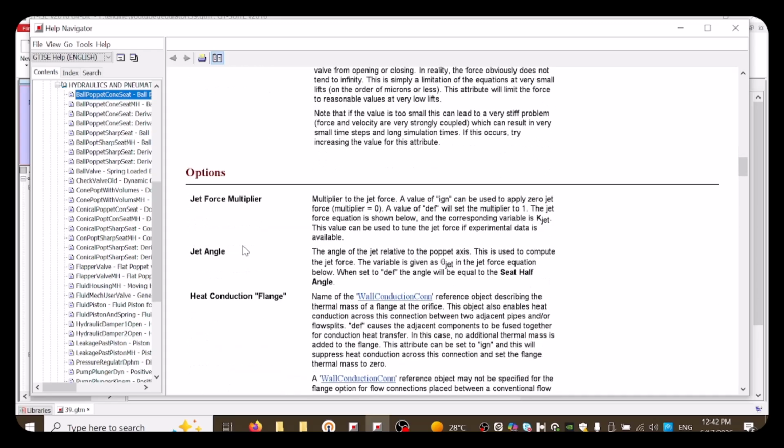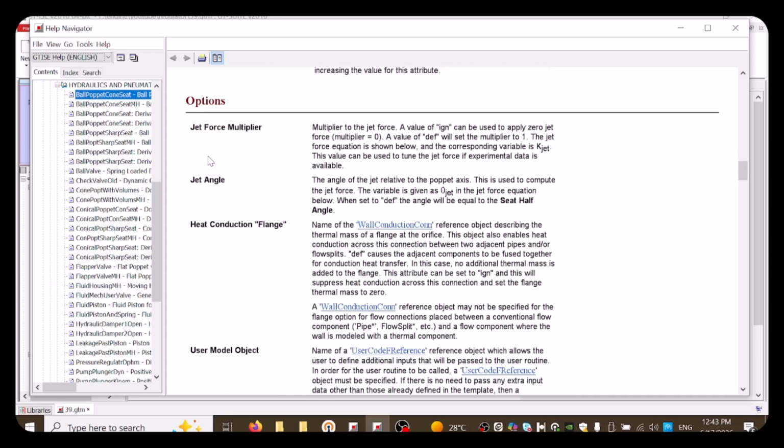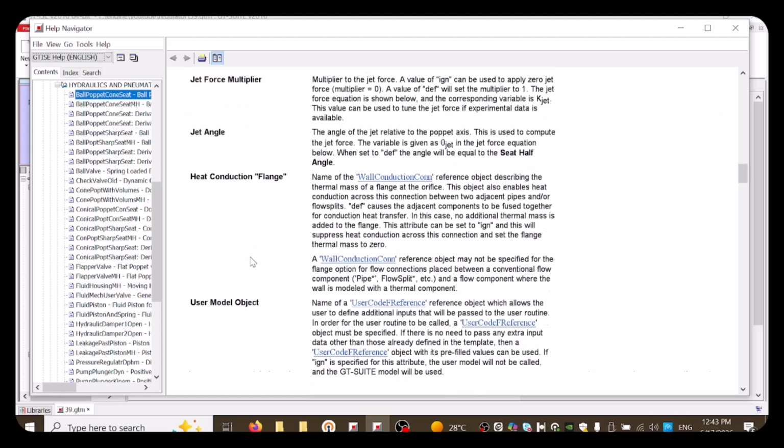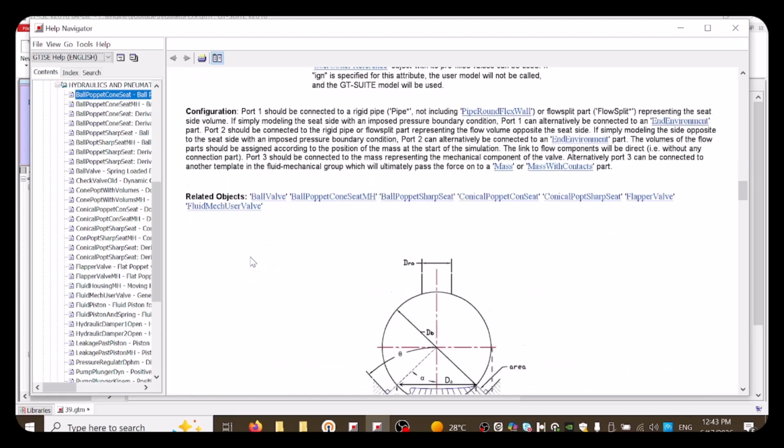And in the same way, we have the options tab: jet force multiplier, jet angle, conduction flange and user model object.